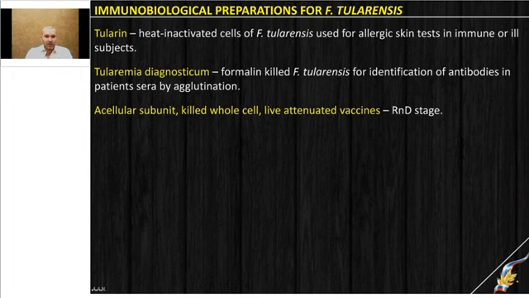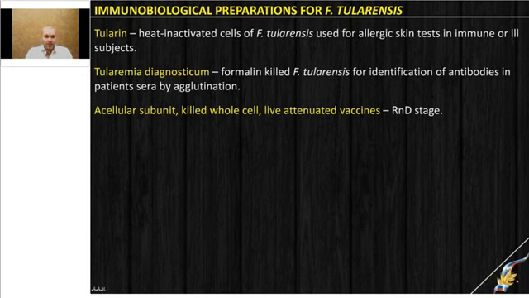Again, we have the tularensis biological preparation, which is actually an allergen of Francisella tularensis cells, and it is used for application on skin to identify disease, or if required to perform some vaccination in a healthy person and then to evaluate immunity.